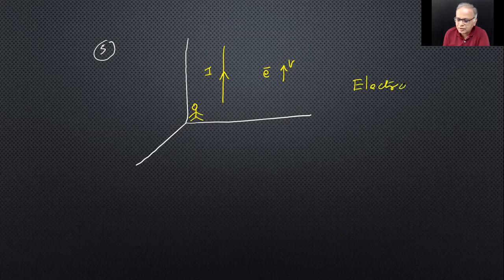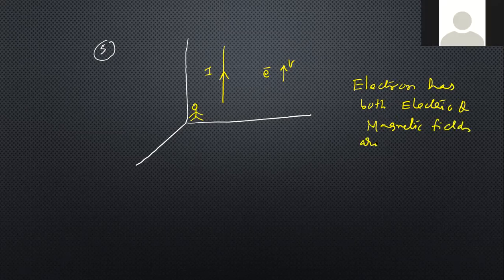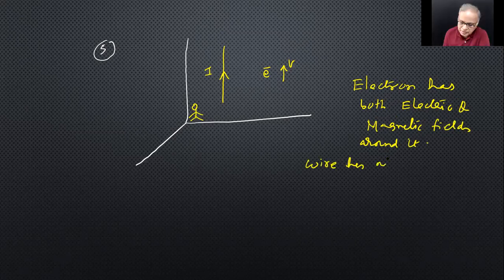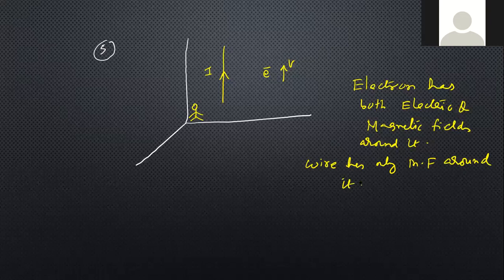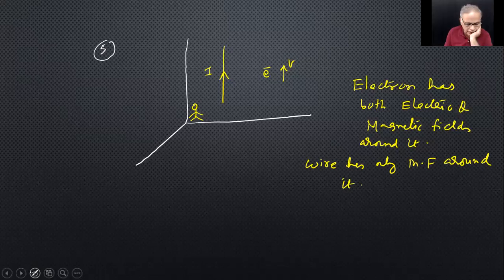The electron has both electric and magnetic fields around it. The wire has fields around it, right? The wire has a magnetic field. Yes, only a magnetic field. And they experience only magnetic force. Yes, they experience only magnetic force. Correct.